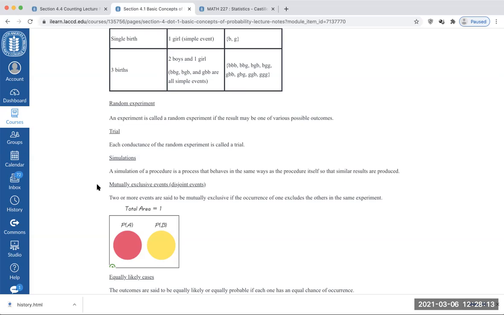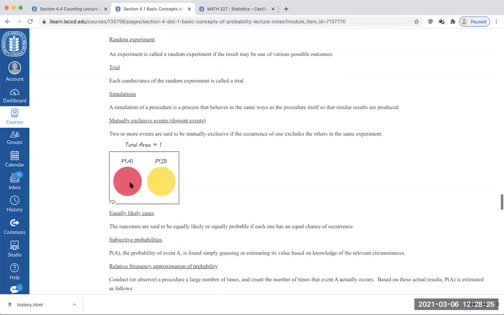Two or more events are said to be mutually exclusive if the occurrence of one excludes the occurrence of the others in the same experiment. Say this is event A and this is event B. There's no overlap. So these are mutually exclusive events. These are disjoint sets.